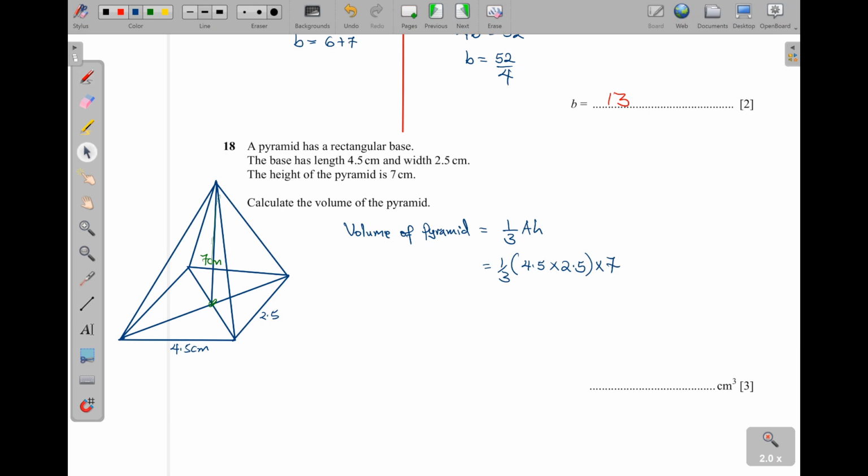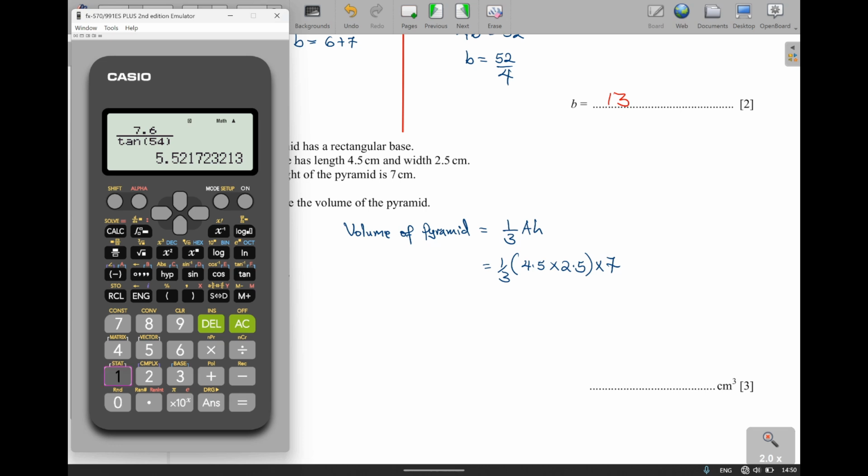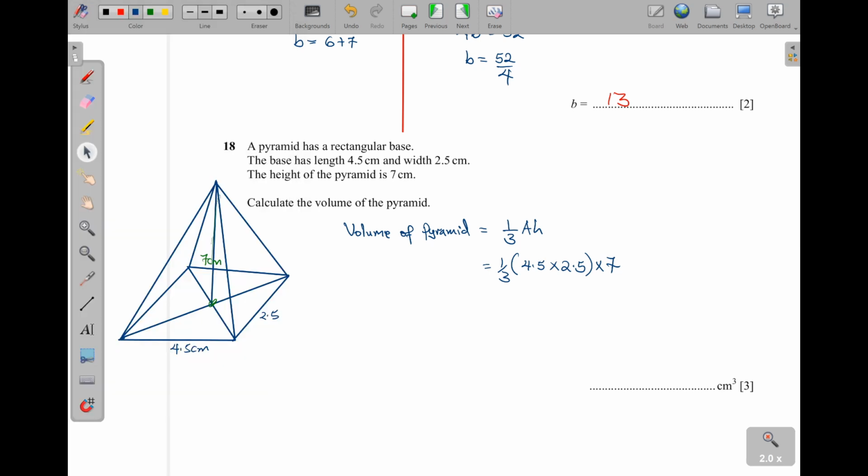So I just get my calculator, okay, and then I put a third. Let's put everything here. So 7 times 4.5 times 2.5, then down there is 3. So this is 26.25. 26.25 is going to be my answer.